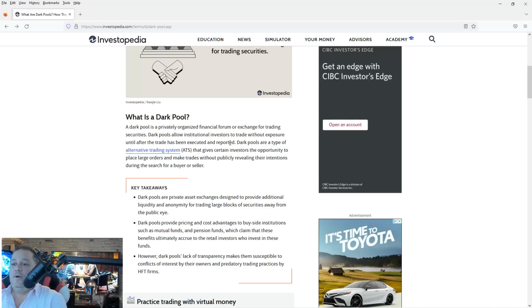Within the last 5 or 6 years, the amount of volume on the exchanges using dark pools is just huge, which I'm going to be covering later. I would say about 50% of the volume is dark pools.